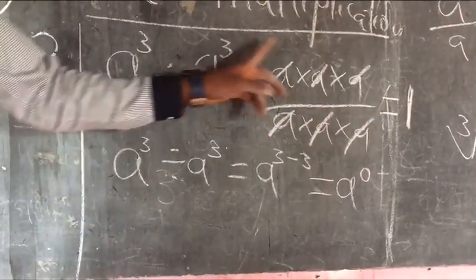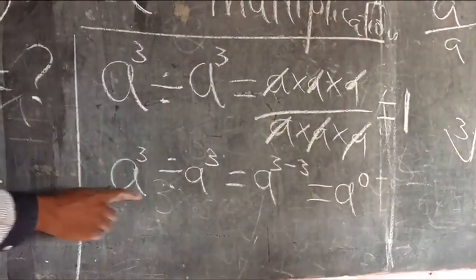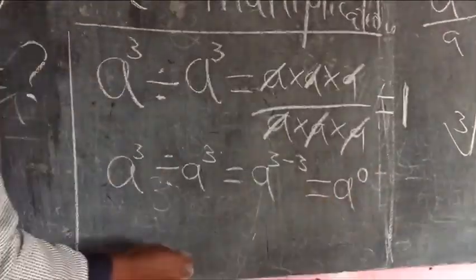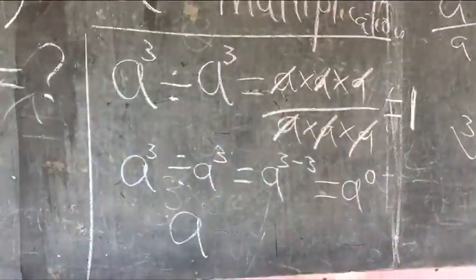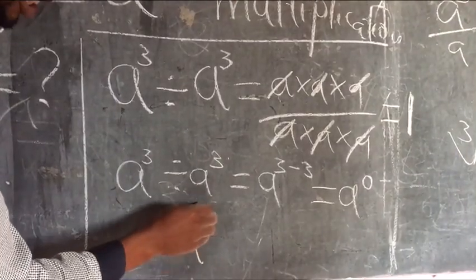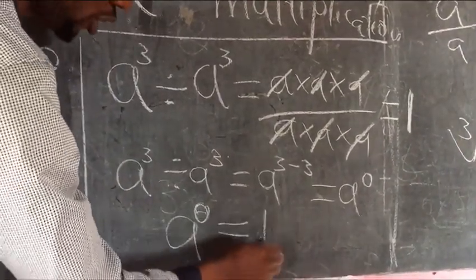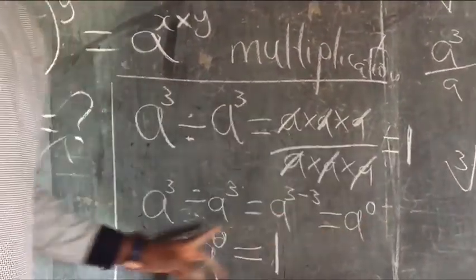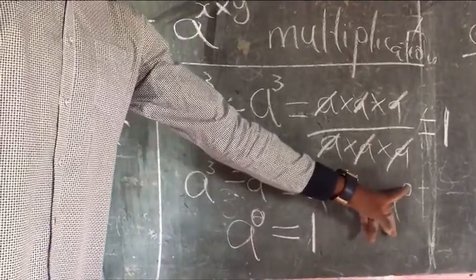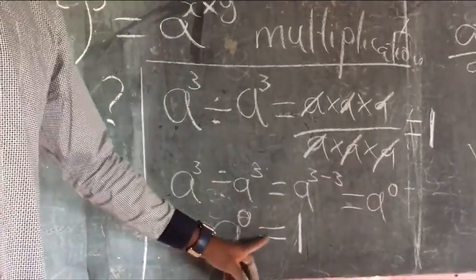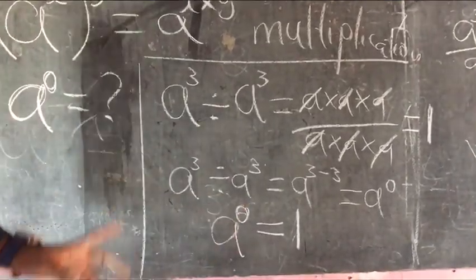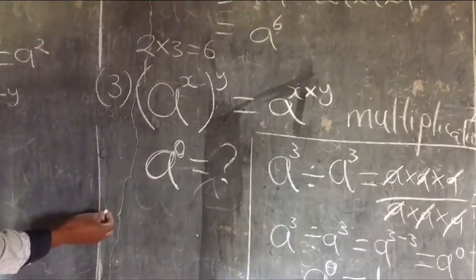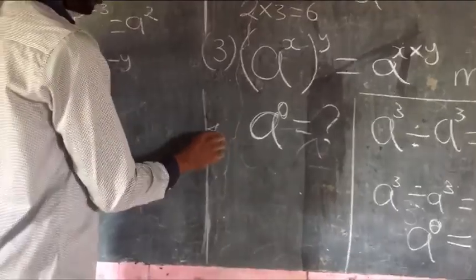If our math is correct, whatever the laws of indices give us, algebra is supposed to give us the same thing. With algebra we get 1, with laws of indices we get a raised to power 0. So a raised to power 0 equals 1. Any number raised to power 0 will give you 1. This one we call the zero index, law number 4.